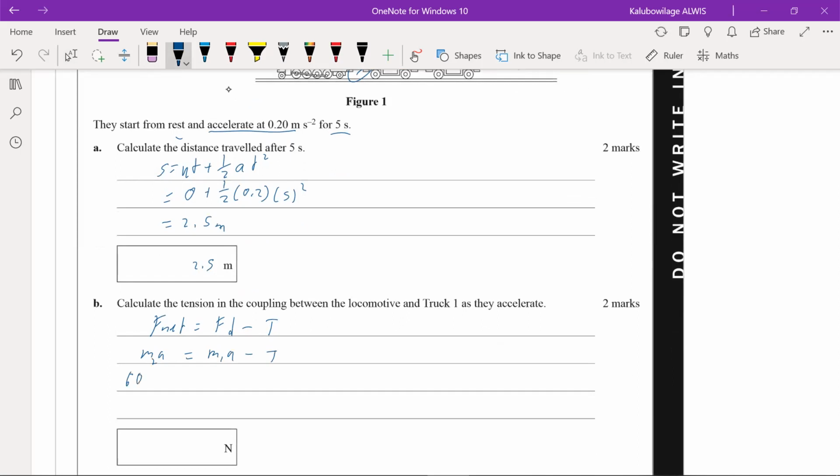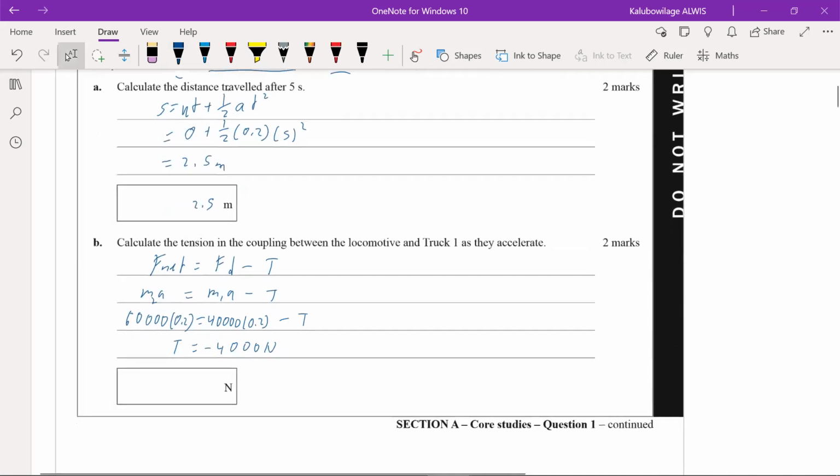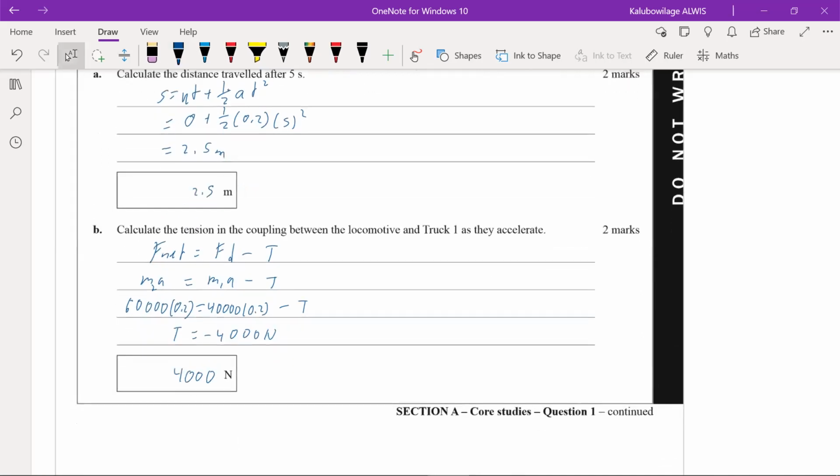The total mass is 60,000 multiplied by 0.2, and then the engine is 40,000 minus T, and T comes to minus 4,000. You don't really need the direction, so you can just put 4,000 newtons.